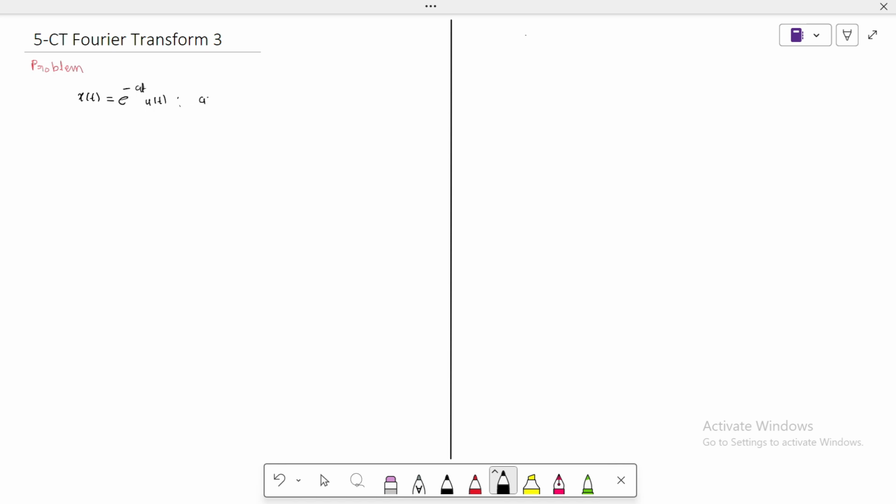Here a is positive, so this signal is an exponential decay signal. For this, we need to find the Fourier transform.